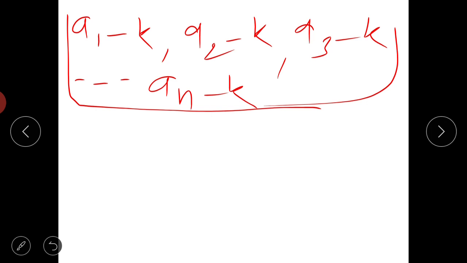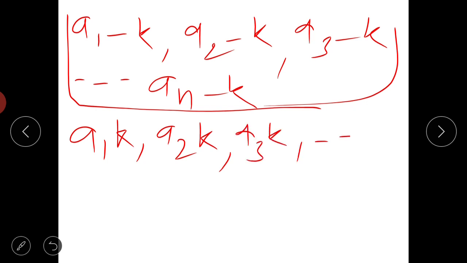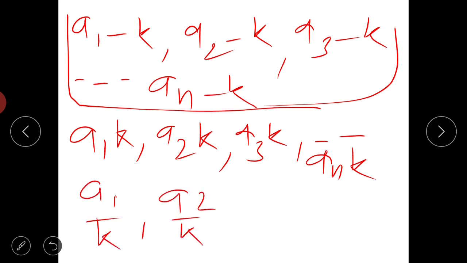So a1 into k, a2 into k, a3 into k up to an into k. And lastly, if you divide each term of an AP, like a1 upon k, a2 upon k up to an upon k, these sequences are also AP.